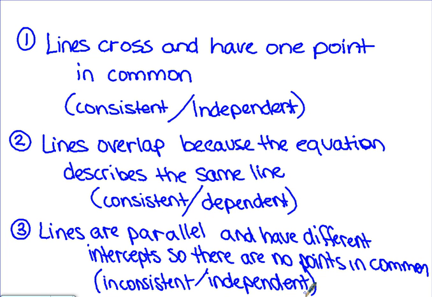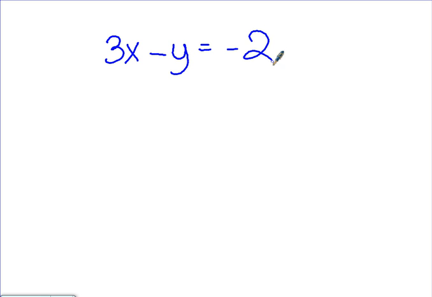I'm going to write a system of equations up on the board, and what I want you to do is see if you can determine if they are consistent, inconsistent, dependent, or independent. So here is your system of equations. We have 3x minus y equals negative 2, and 2y equals 6x plus 5.